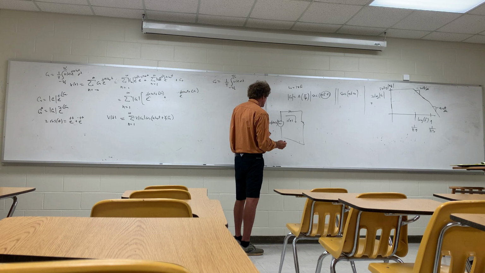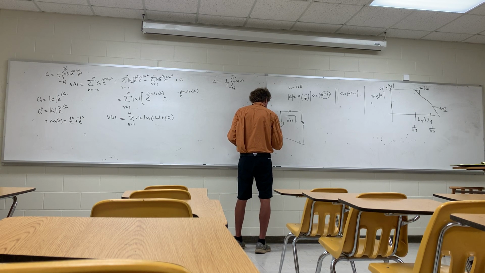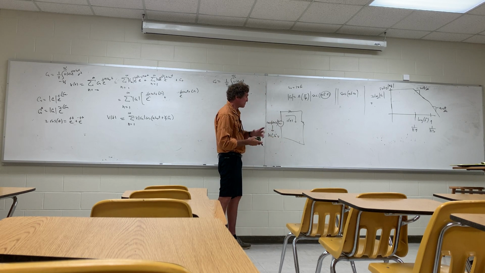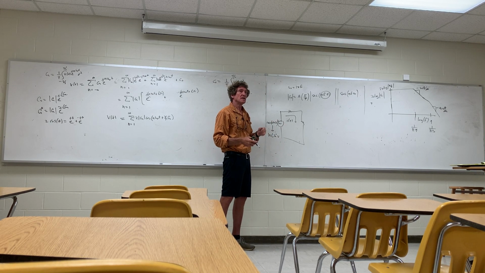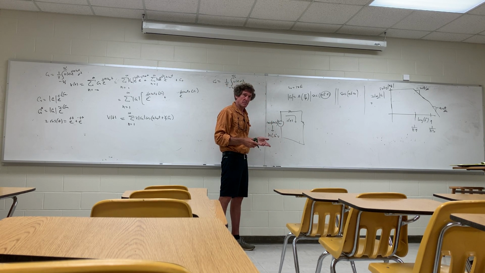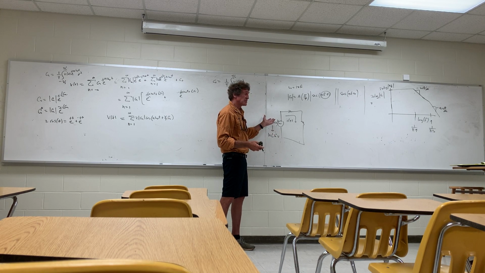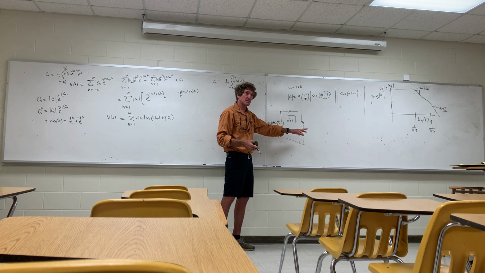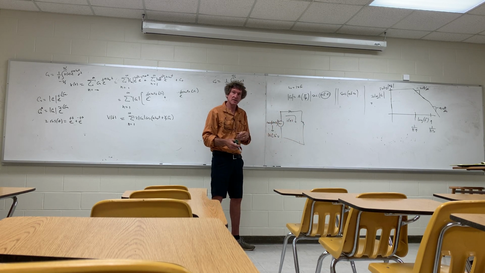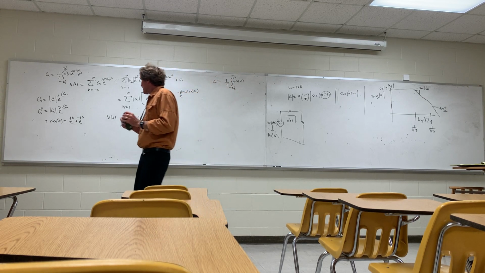The only thing you did is take this and turn it into a phasor, 10 at an angle of 30 degrees volts. And then you made the inductor simply have an impedance of j omega L, right? And then you solve for the current, looking at this thing as a complex number, dividing it by R plus j omega L, and you could get the current, right? Then you could go back and get the time domain form of that too.